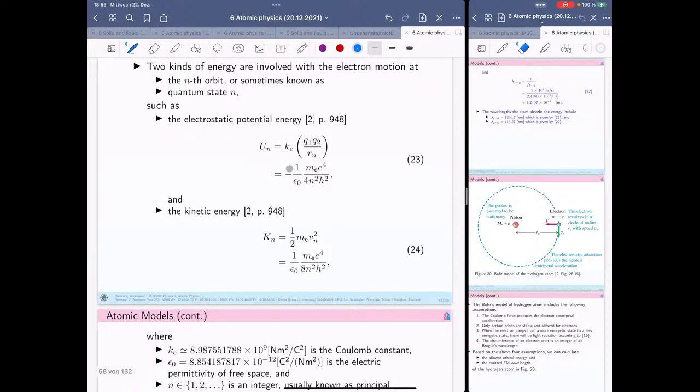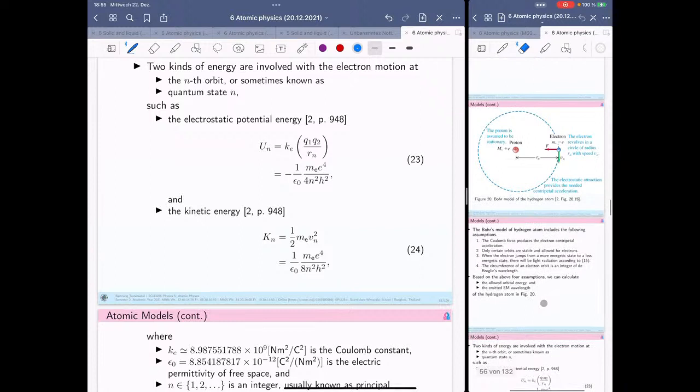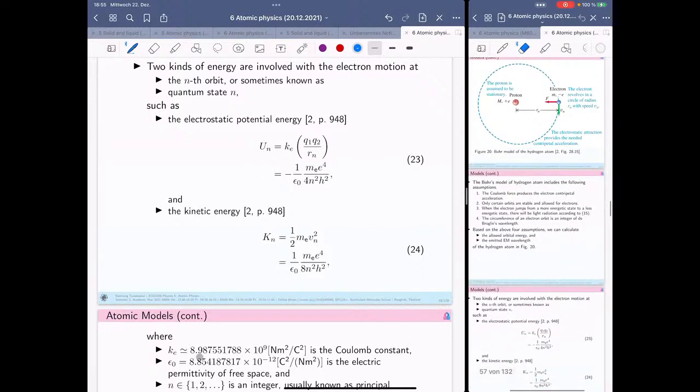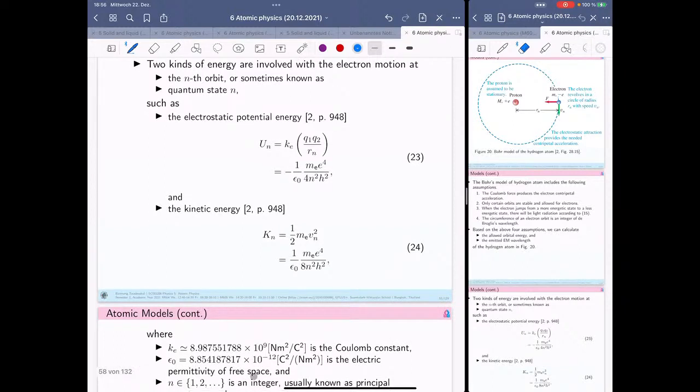K_e is the Coulomb constant, 8.9 times 10 to the 9 newton meter squared divided by coulomb squared. And epsilon 0 is the electric permittivity of free space, 8.85 right here.